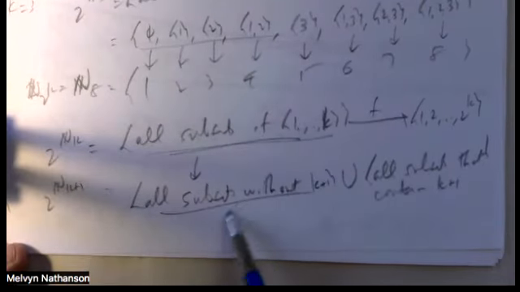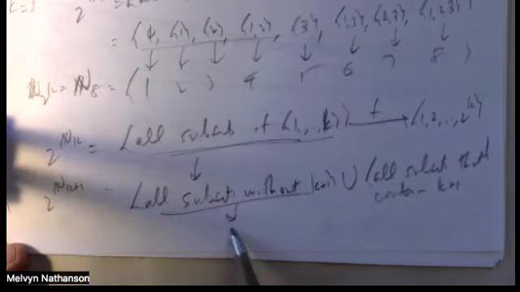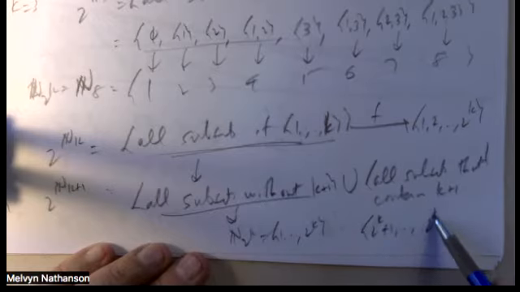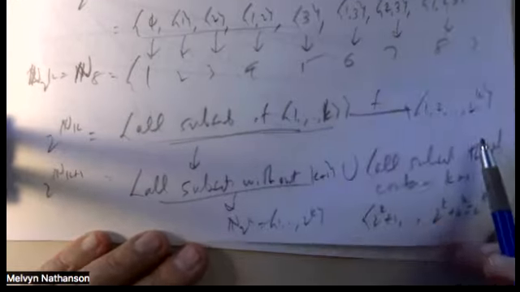So these sets get mapped to n sub 2 to the k, that is the numbers from 1 up to 2 to the k. And what numbers are left? All the numbers from 2 to the k plus 1 up to 2 to the k plus 2 to the k, which is 2 to the k plus 1. So I send a set here to 2 to the k plus whatever number the set without the k plus 1 gets mapped to.